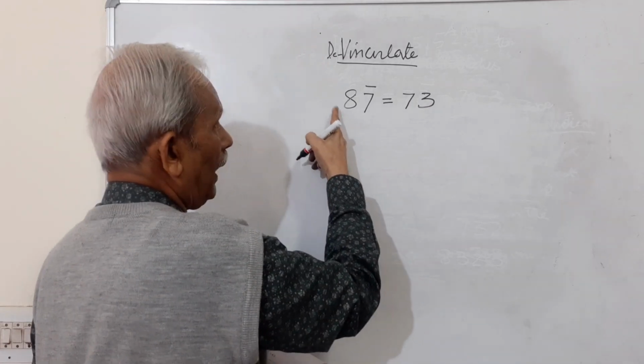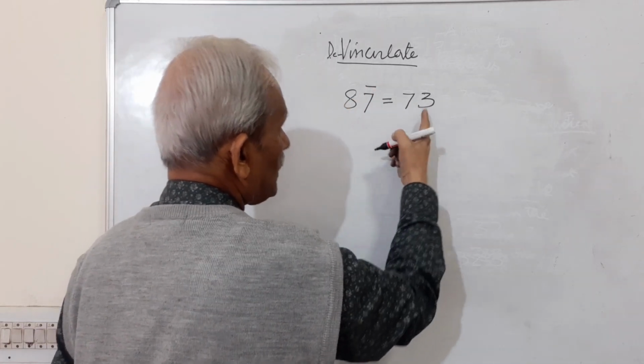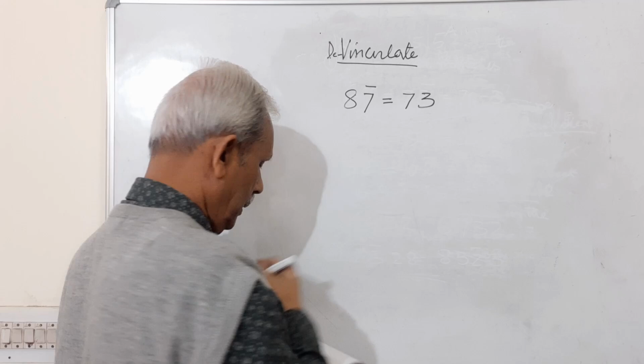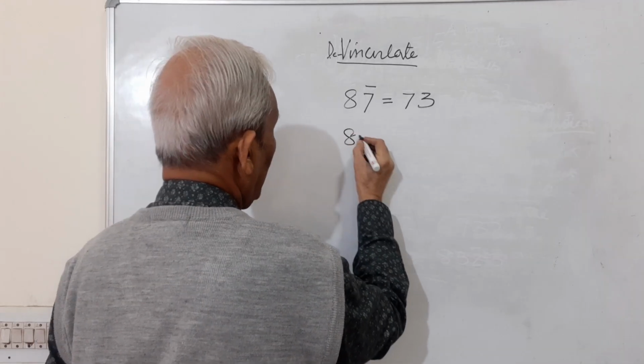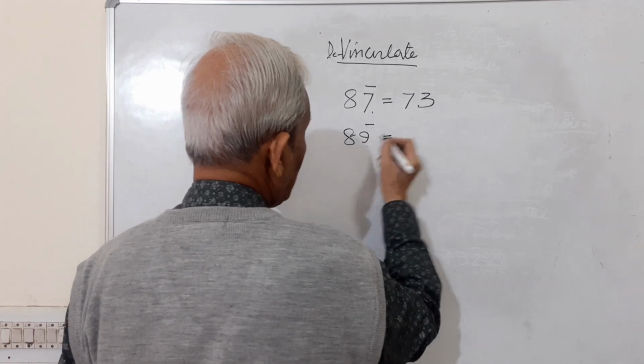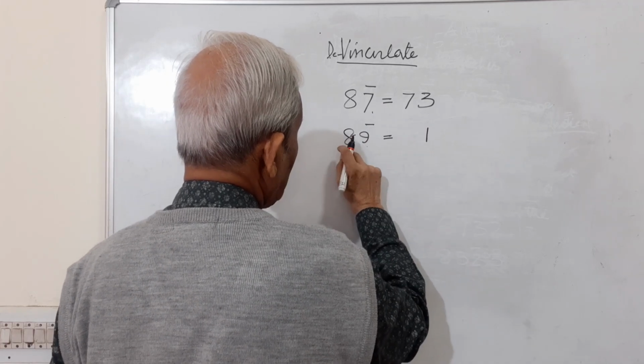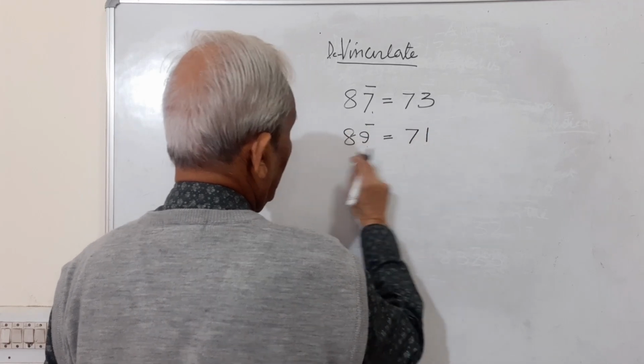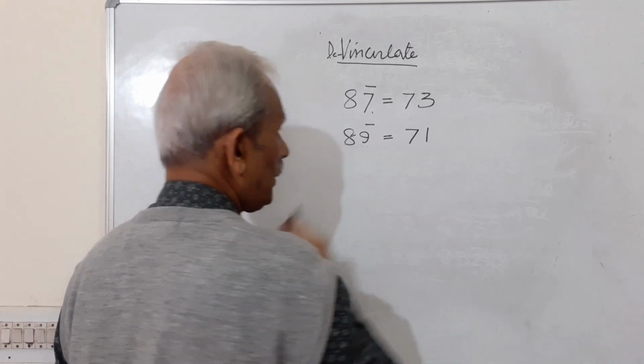And indeed, 80 minus 7 is 73, right? Then what did you do? 89 bar is equal to what? 10 minus 9 is 1, 8 minus 1 is 7. 80 minus 9 is 71.